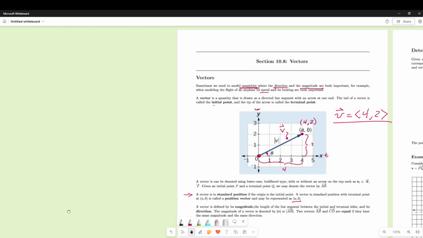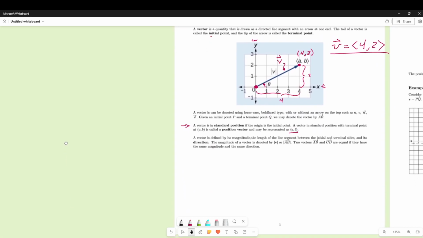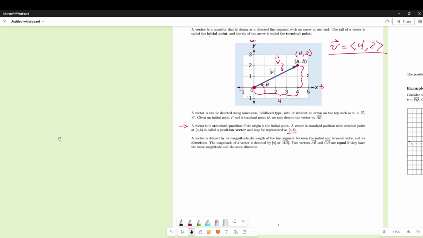We'll talk about other ways to write a vector out as we go along. So that would be a fairly standard way to denote this vector V written in standard position.